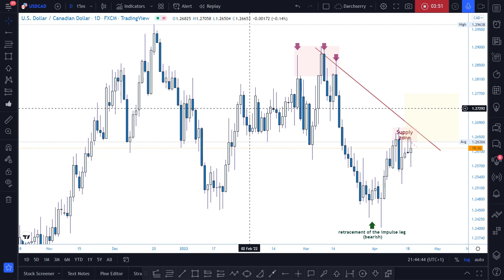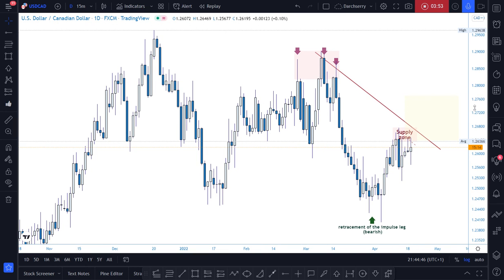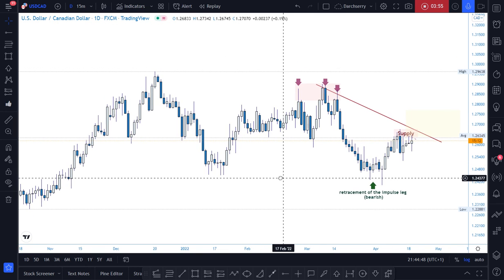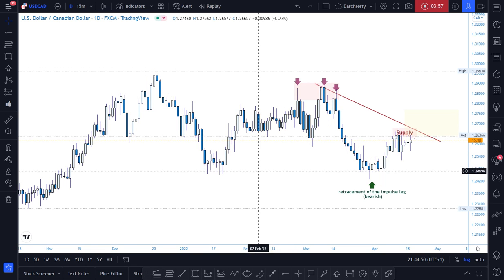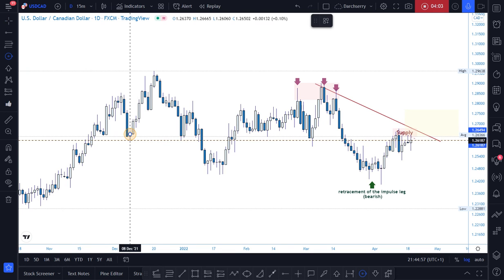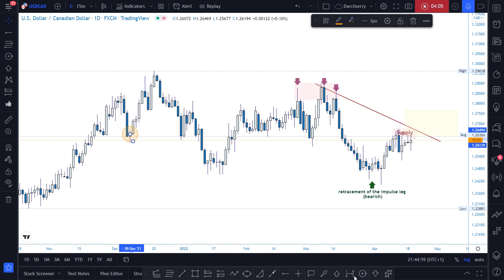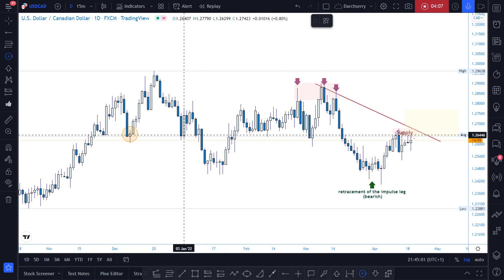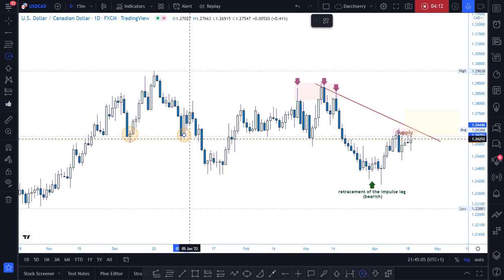daily time frame. If we go back to the left hand side and look at what structure has been giving us around that 1.265 area, you will notice that this area has been a very significant point any time price action comes into that area.